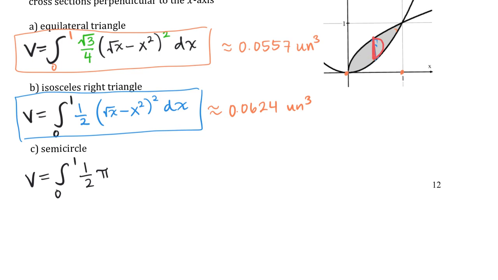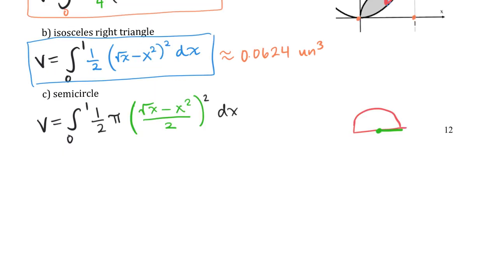So if I want the r, I'm not going to include the whole way across. I need to only include from here to here. I know the whole way across is the root x minus x squared. But since I only want the radius, I'm going to divide it by 2.